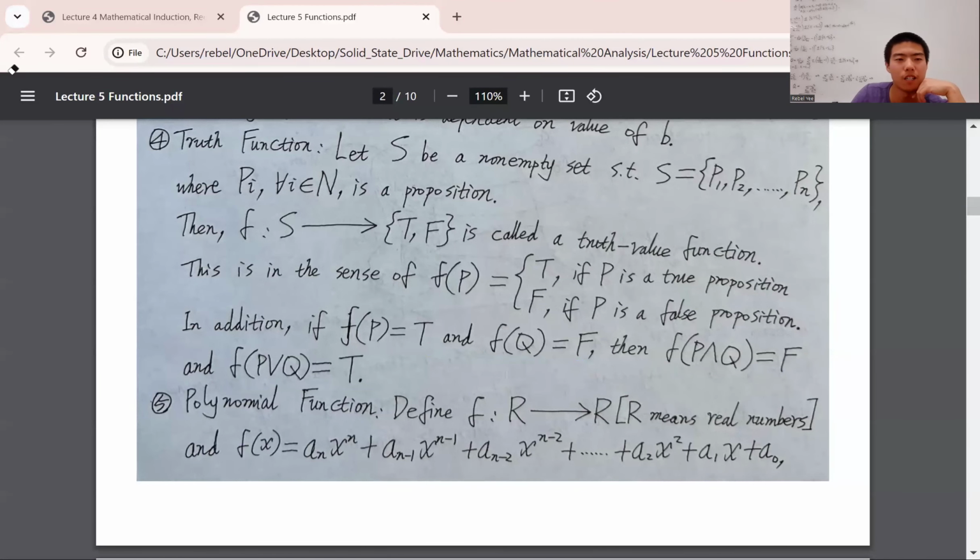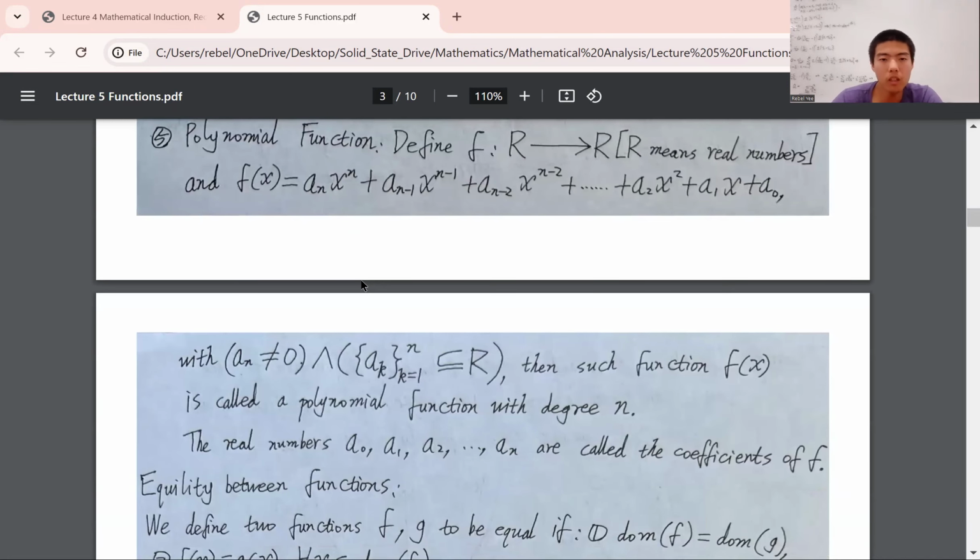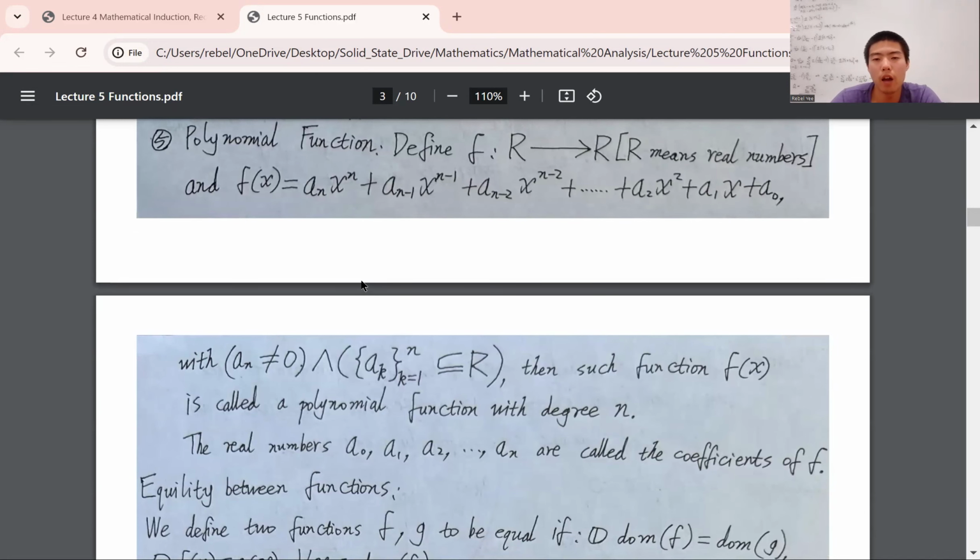And the last one, not a type of function but an easy, simple example function which can give you a starting view of what a function is, is the polynomial function. Let's define f going from R to R, where R means real numbers.